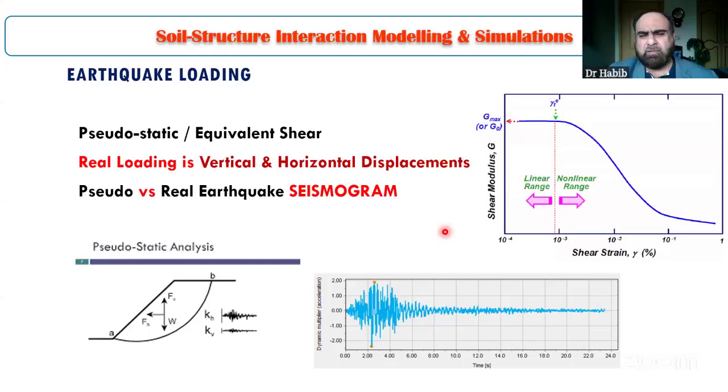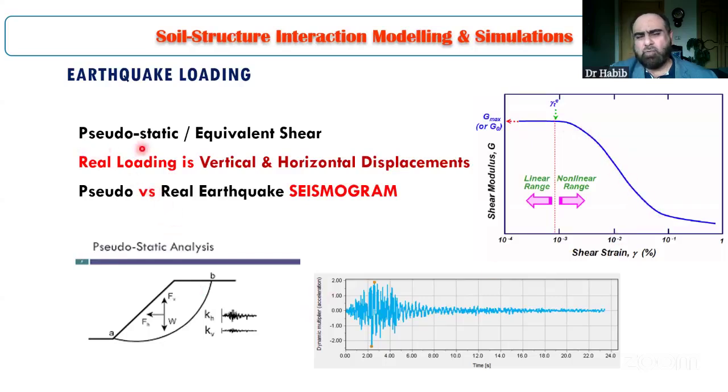In addition to that, the reality is that when we load a geomaterial, its shear modulus keeps on decreasing with the increase in shear strain. So if we apply a real seismogram, we can see a continuous degradation of the shear modulus also.